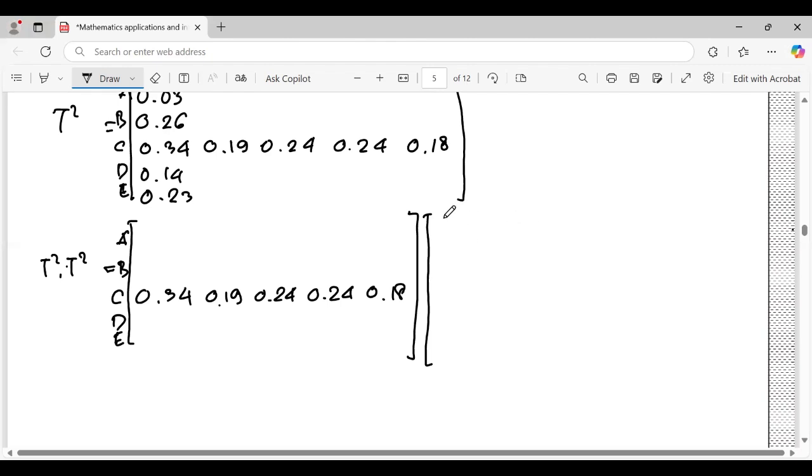Okay, and 0.03, 0.26, 0.34, 0.14, 0.23. So just concern on the first column.